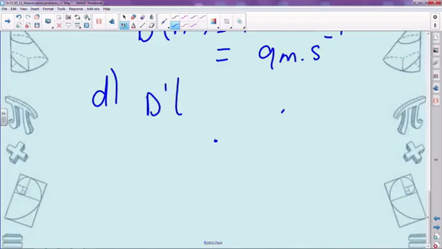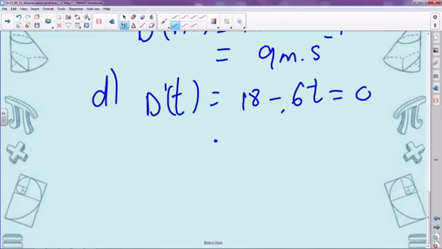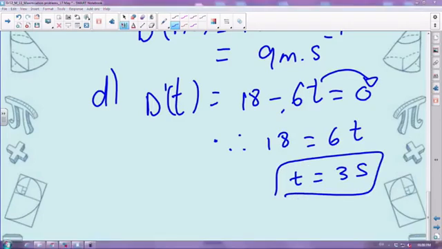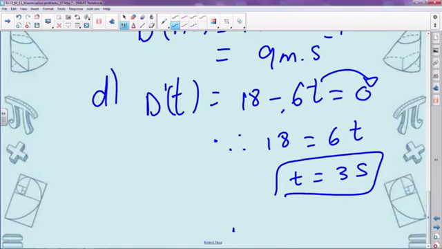We know that the derivative is equal to 18 minus 6t. To calculate the maximum height of the ball, that's where my derivative is equal to 0. So I'm going to have 18 equals 6t. I take the 6t over to the right-hand side, and I solve for t, and I get 3 seconds. So that tells me it's going to take this ball 3 seconds to reach its maximum height.